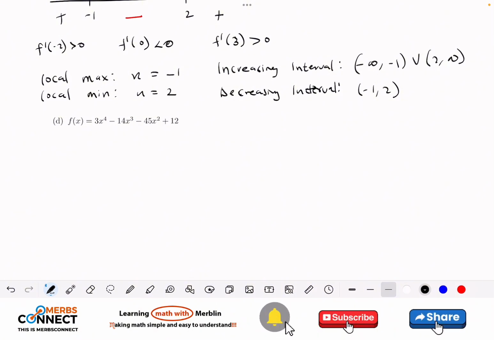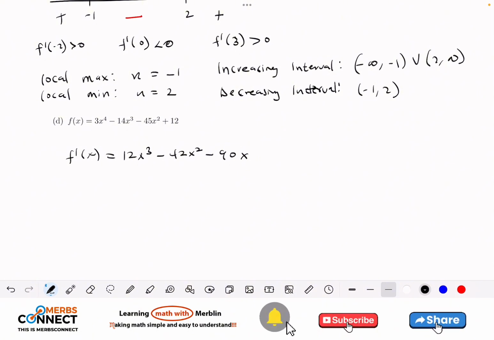Now I will leave you with part D for you to try, but okay, let me just go through quick for you to see. So what is f prime of x? This is going to be 12x to the power 3 minus 14 times 3, which is going to give us 42x squared, minus 90x. And when I differentiate 12, I'm going to get 0, right?